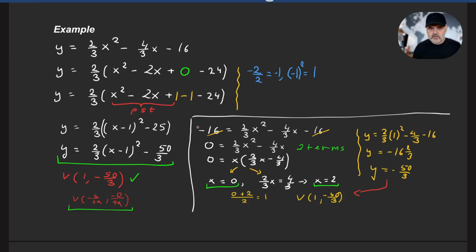So every time you have a standard form of equation, instead of doing the completing the square, you can allow the y value to be identical with that constant c. So this is why you see negative 16 is equal to negative 16 on both sides.